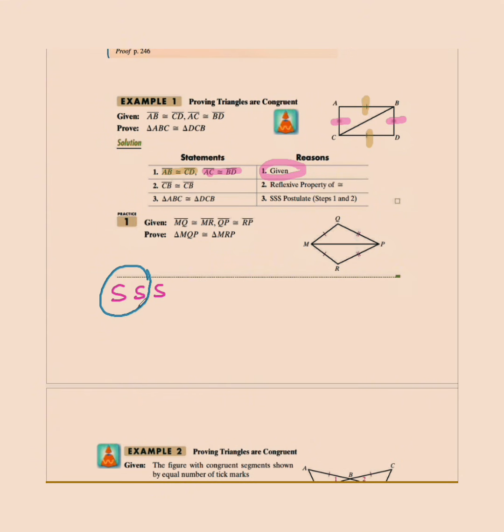The properties are SSS and SAS. And which one do you need to choose? Let's say if the answer is SAS, then we have to look at the angle that is included between the two sides. If I can prove that this angle and that angle are congruent, then I can go ahead with SAS. But right now, I have an easier way to do this. Maybe that will also work, but I have an easier way.